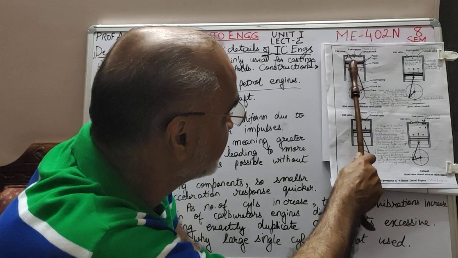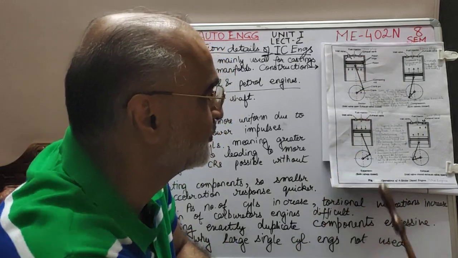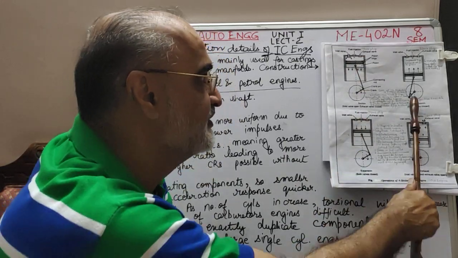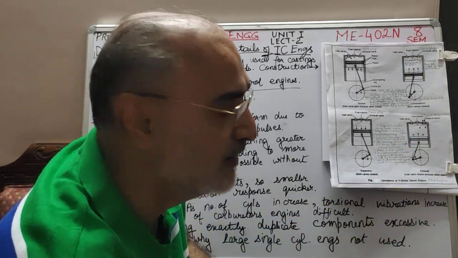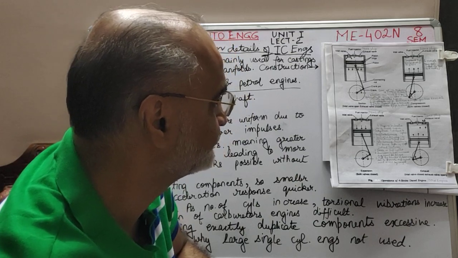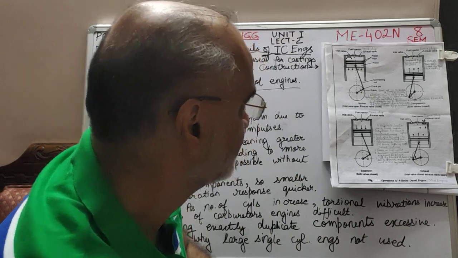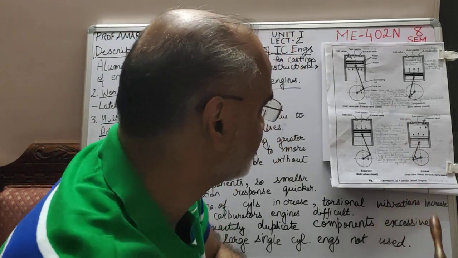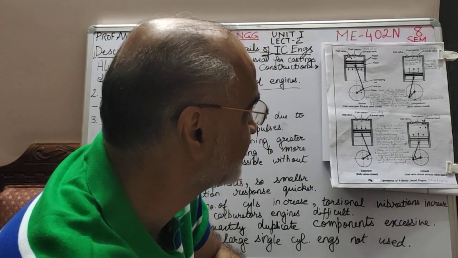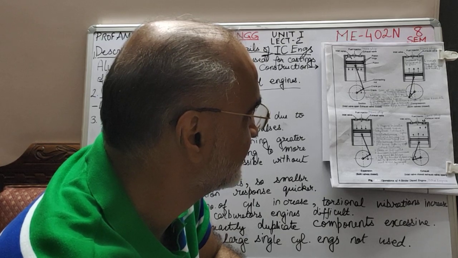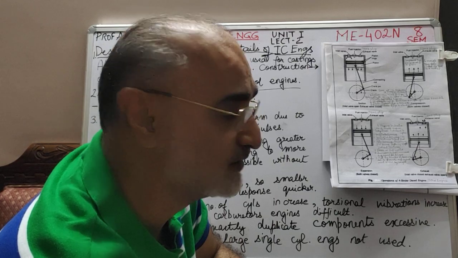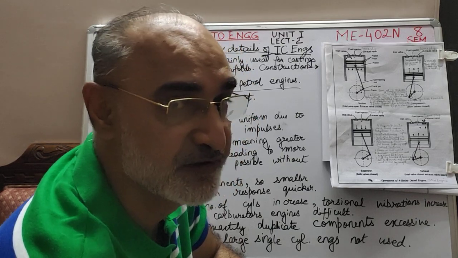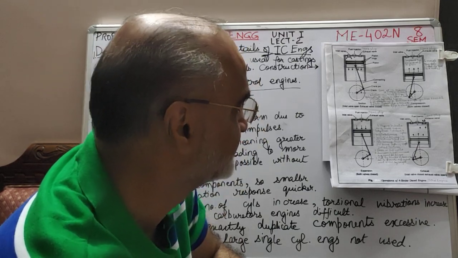Now in the induction, the inlet valve was open, exhaust valve was closed. And in the compression, naturally both the valves, inlet and exhaust, would have to be closed. During compression, the cylinder pressure may rise from 800 to 1300 kilopascals, and after ignition, the pressure may reach even up to 6000 kilopascals.